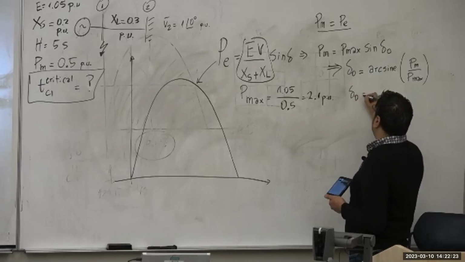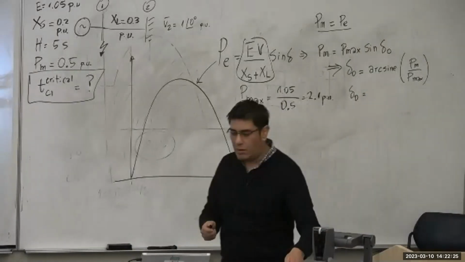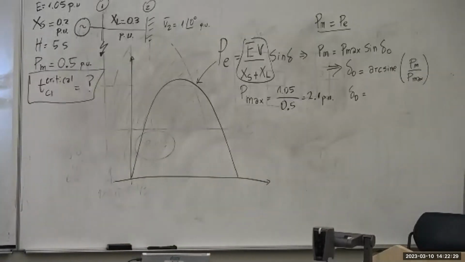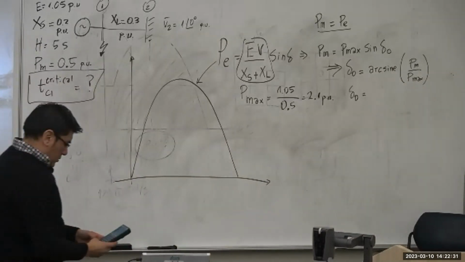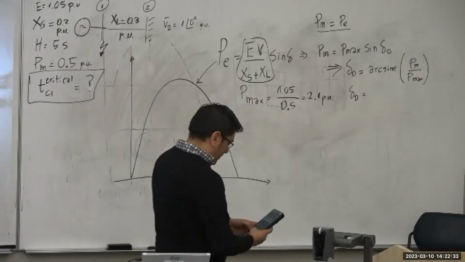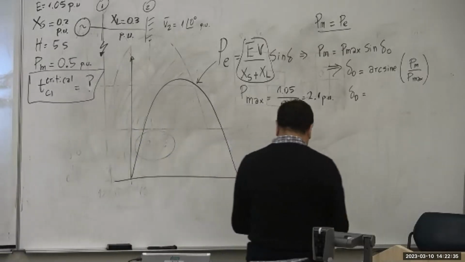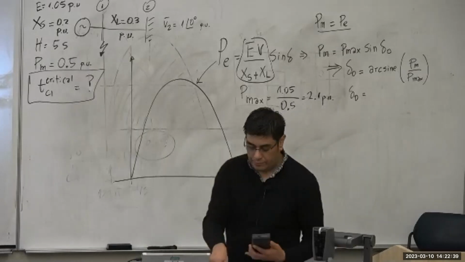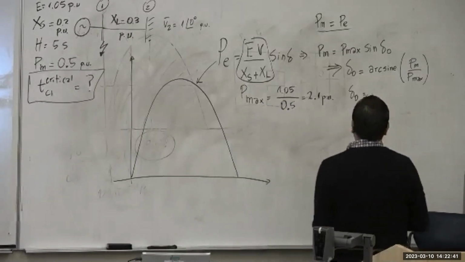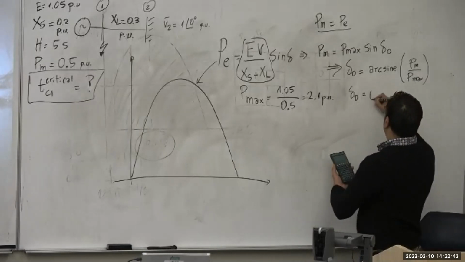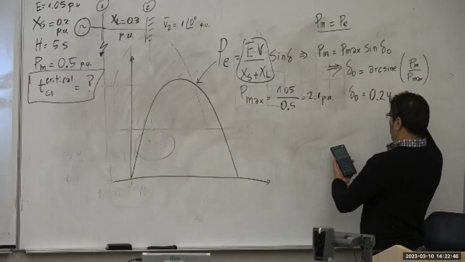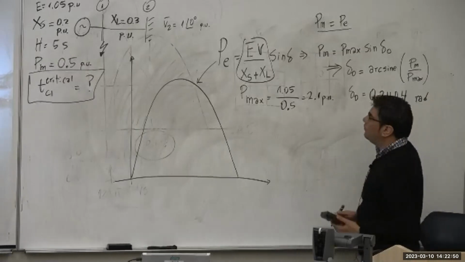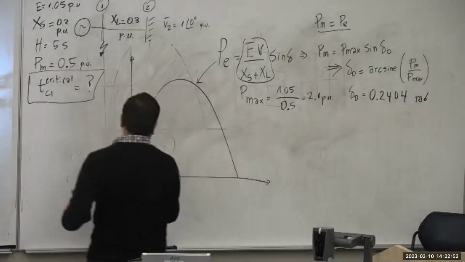So from here, we can determine the angle. That's the first point. So 0.5 divided by 2.1, and then we get the arc sine of that. So what we got for this angle is 0.2404 radians. So that's the equilibrium point.